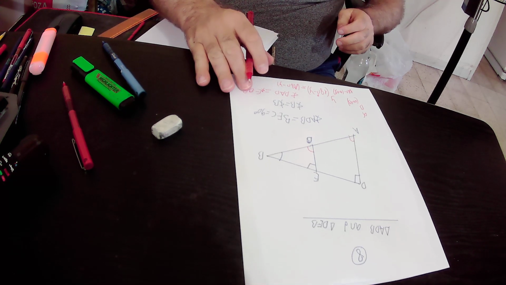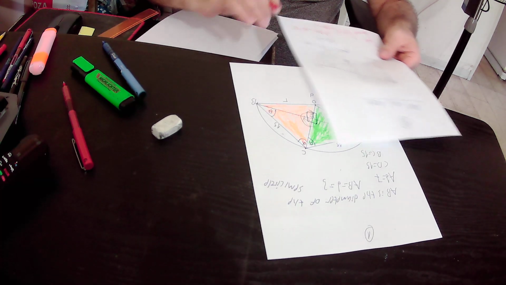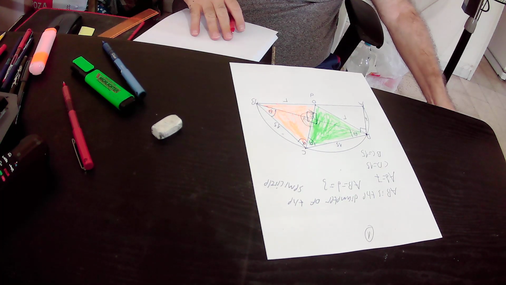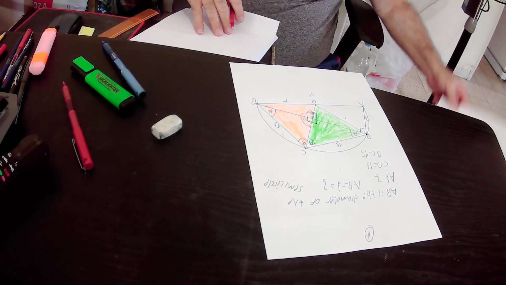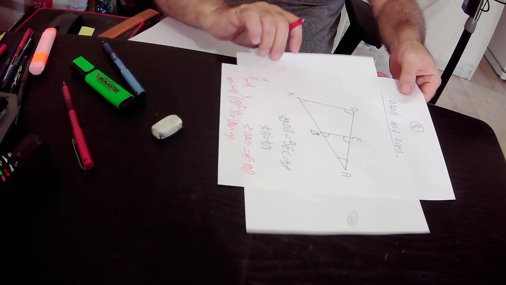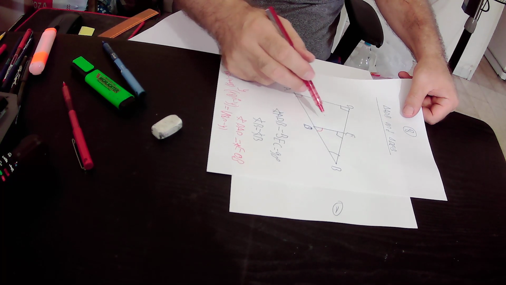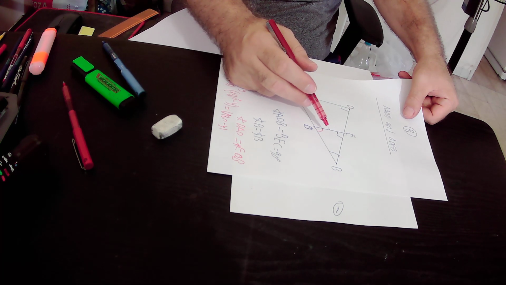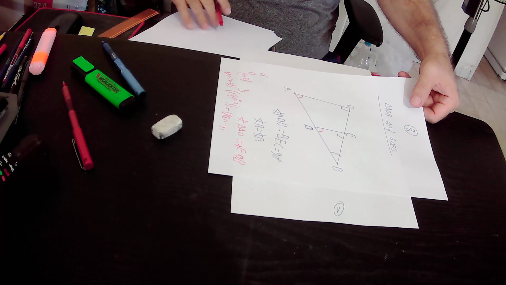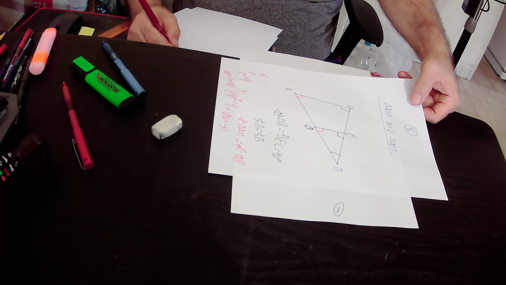Okay, so actually we found out that three angles on triangle ADB are equal to three angles on triangle BOE. Therefore, those two triangles are similar to each other.